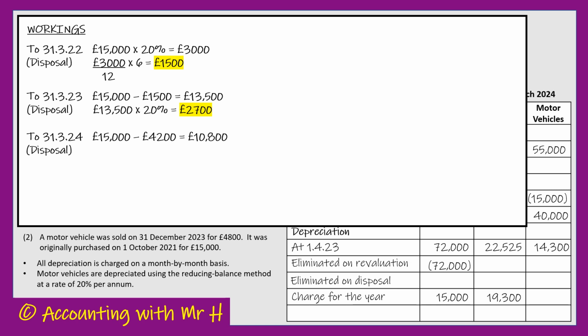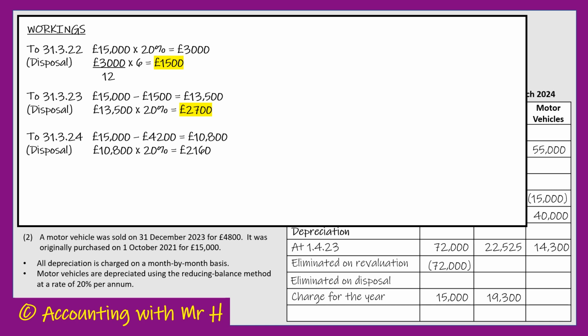They would have found 20% of 10,800, £2,160, but they sold this vehicle, they disposed of it during this financial year, and we were told they sold it on the 31st of December 2023. Remember, their year ends on the 31st of March, so it must begin then on the 1st of April. So we just have to work out the months that they owned it.